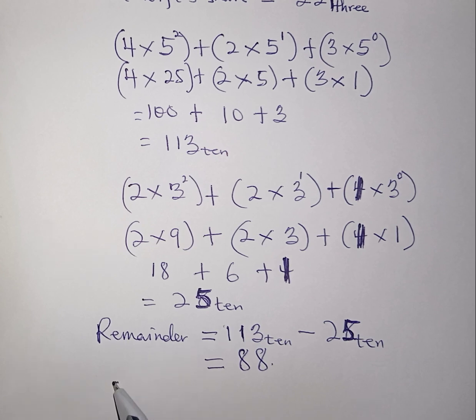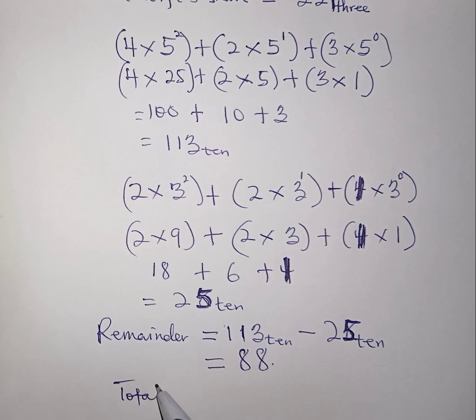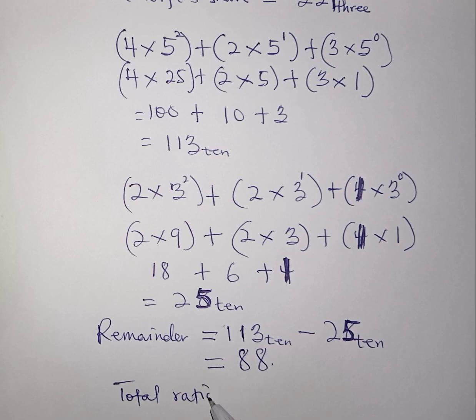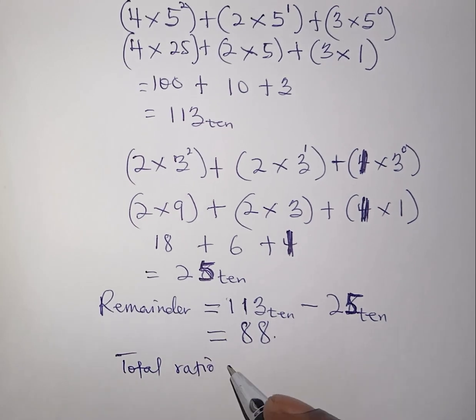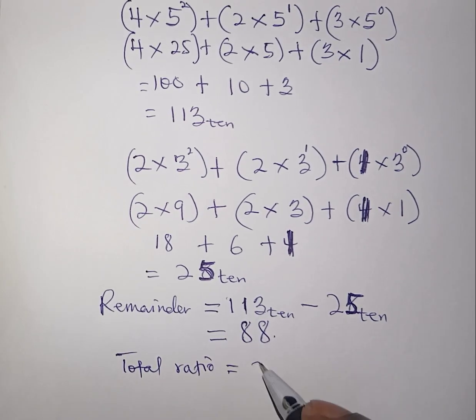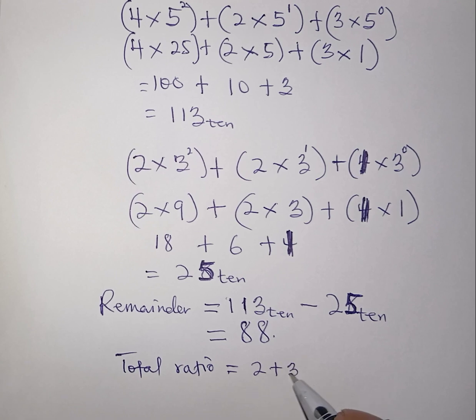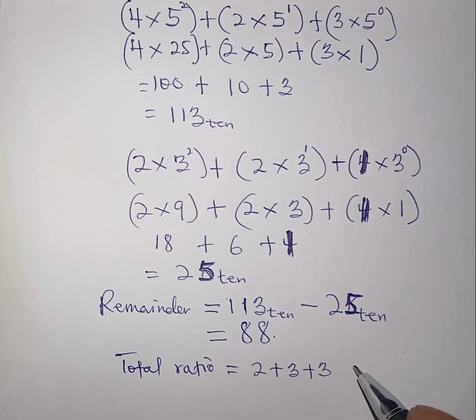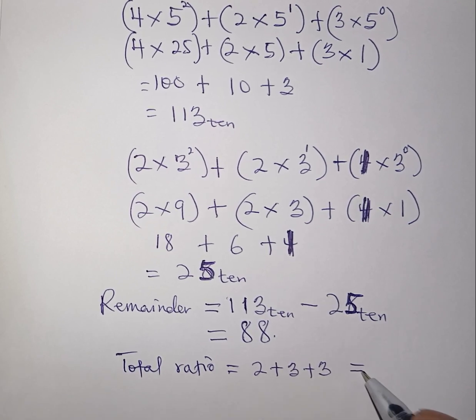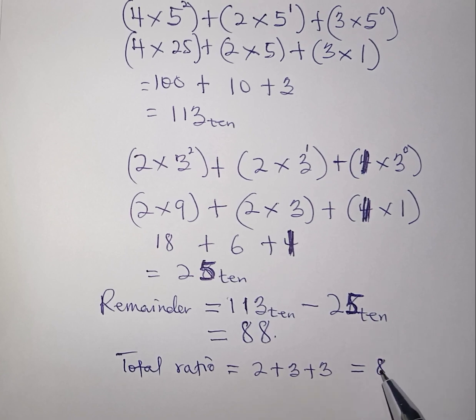So for the total ratio, it is given as 2 plus 3 plus 3, which gives us 8.